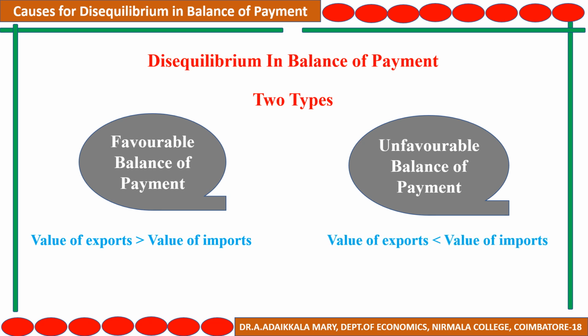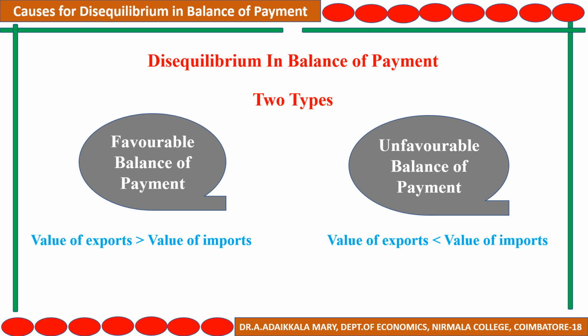This is because, in other words, it means that the income flown into the economy is greater than the payments made to other countries. This also means the value of exports is greater than the value of imports.